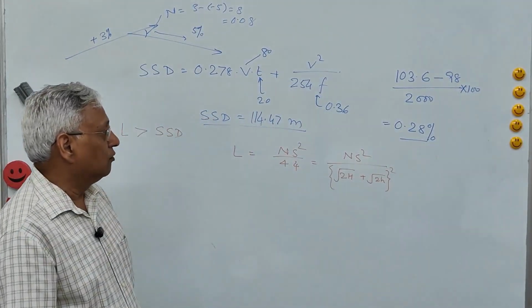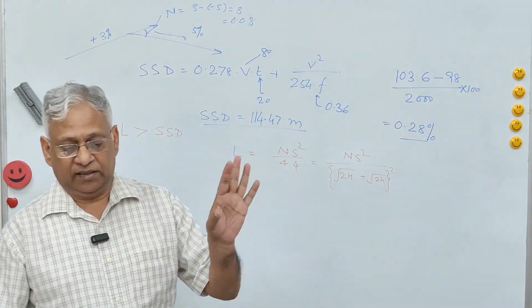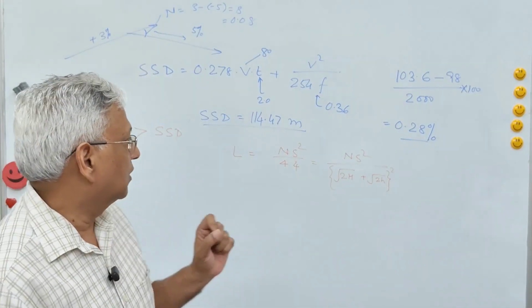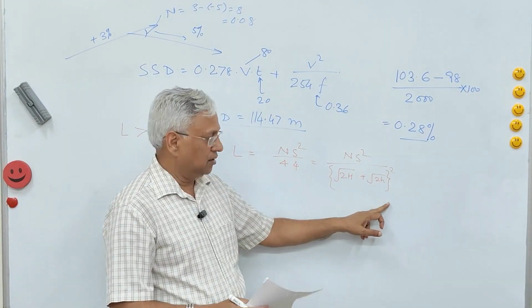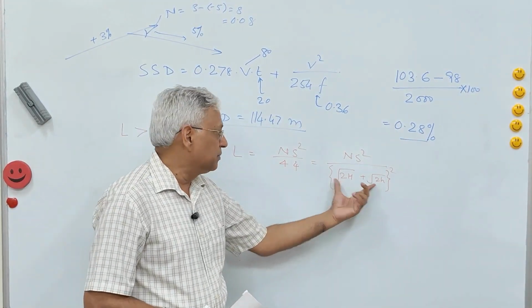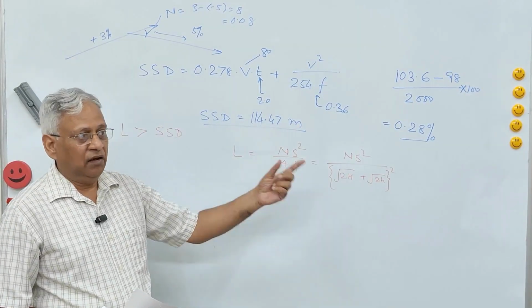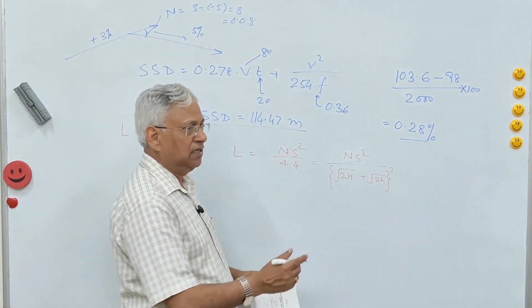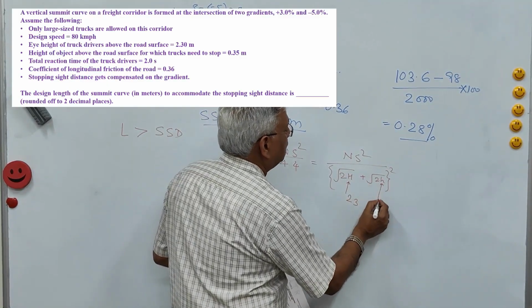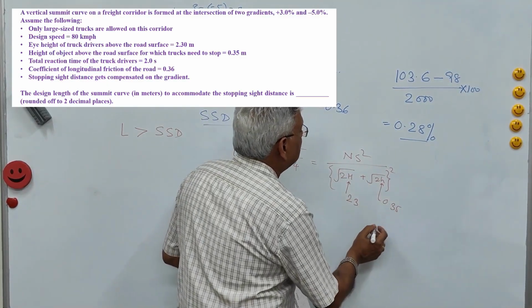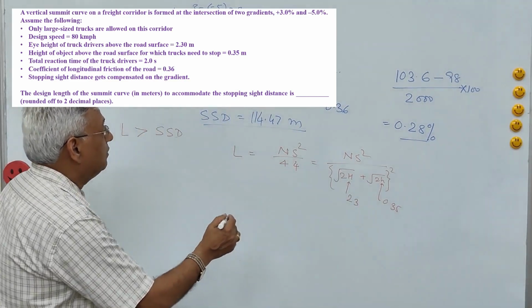Now, if you put the value of h in a normal case, for a driver of a car, capital H is taken as 1.2, small h is taken as 0.15, and this becomes 4.4. Now, in this question, capital H is given as 2.3 meter and small h as 0.35 meter.